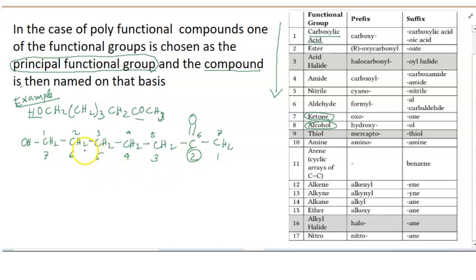So how can I write? This portion is my prefix. I can write 7-hydroxy hepta, because this is 7 carbons, so it is hepta.